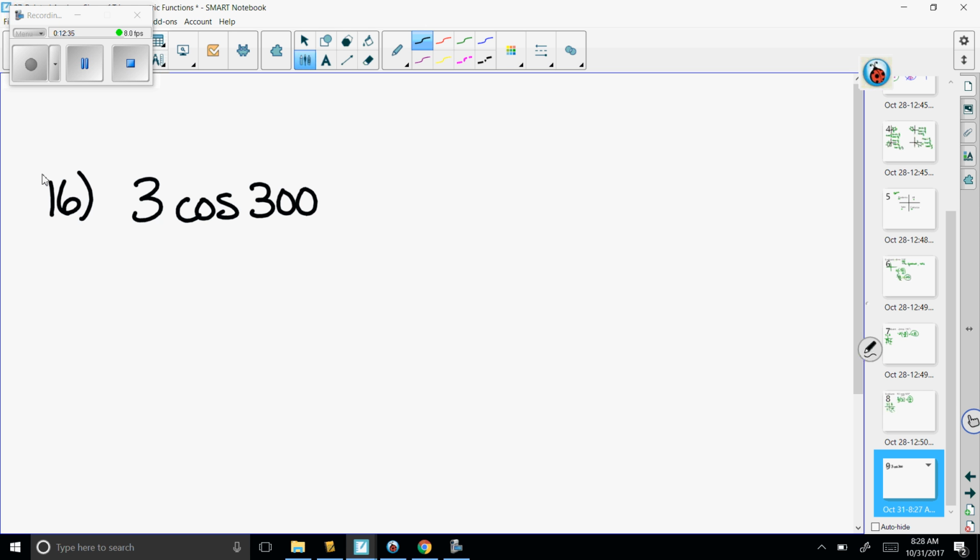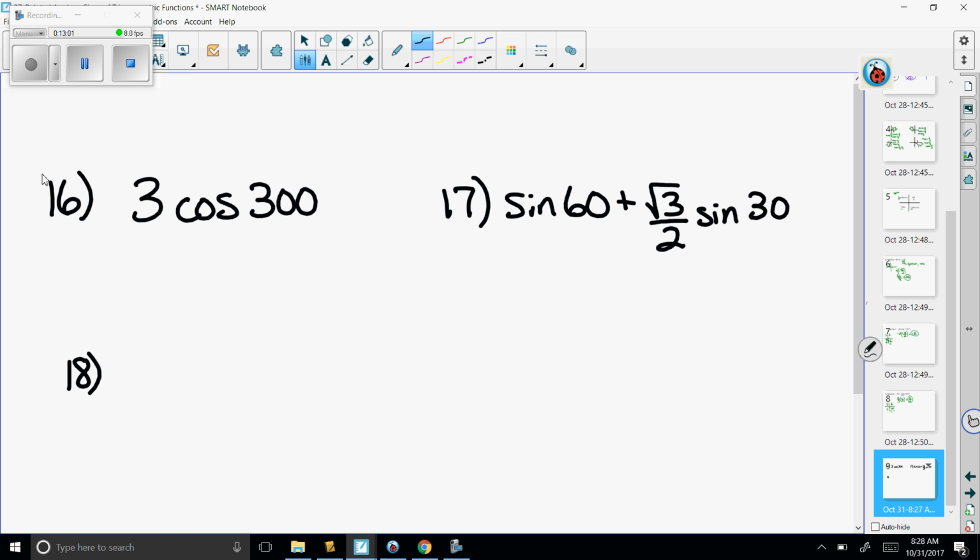That's okay, we'll calculate 17, and then we'll look at 18. 17 is the sine of 60 plus radical 3 over 2 times the sine of 30. And then we'll look at 18, which says f of x equals -2 cosine of x. And they want you to find f of -300. Do not use a calculator, it says. Want to try these? I'll give you a second.